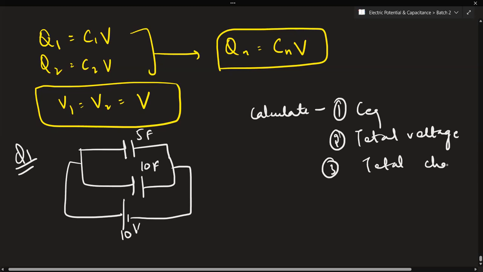Total charge, tell me voltage across each. Voltage across each of them. Then the charge in each.